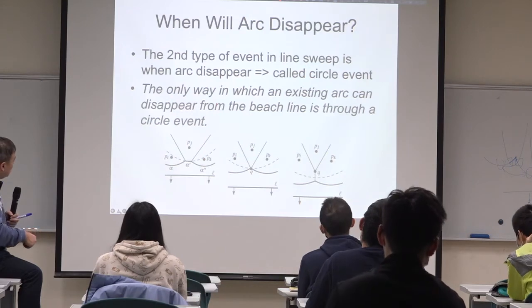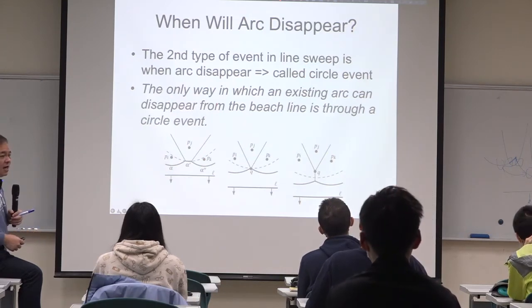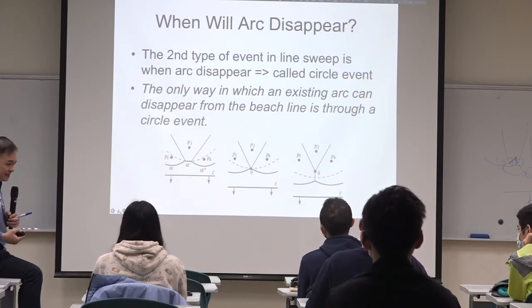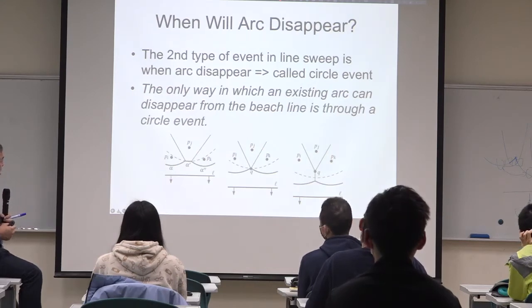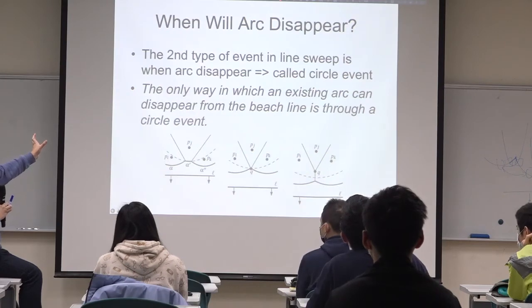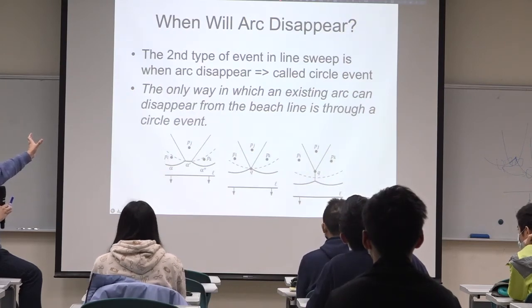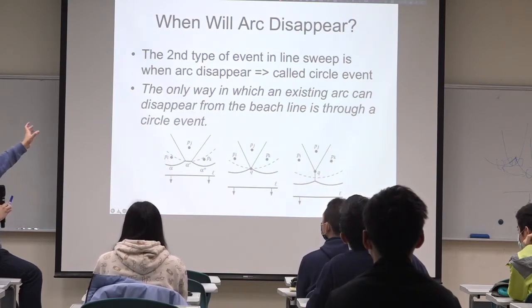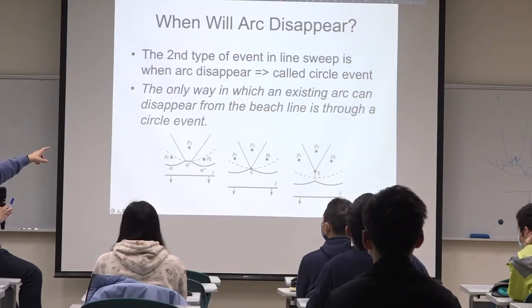The circle events will be created on the fly. What do I mean? For every three consecutive arcs, we will compute where this circle event is going to happen.